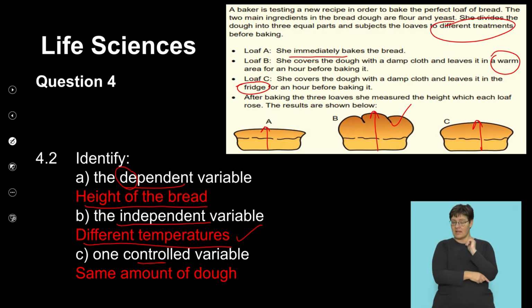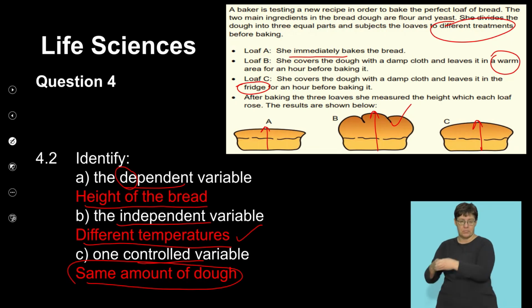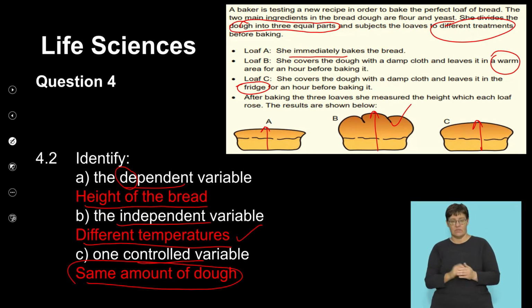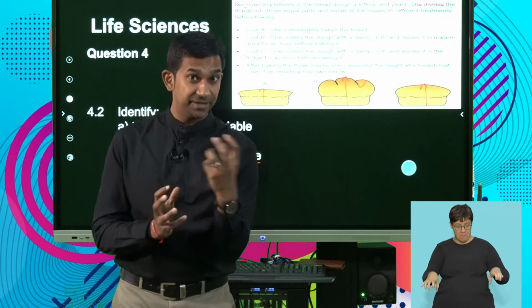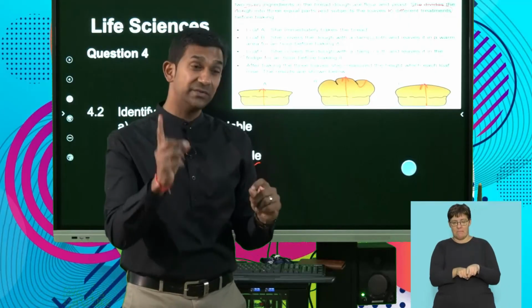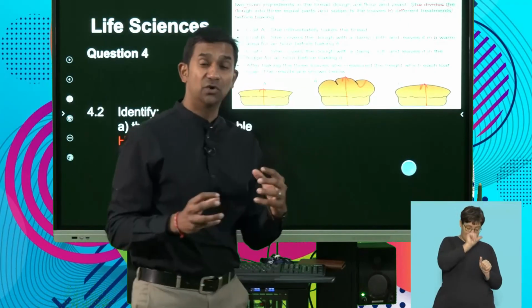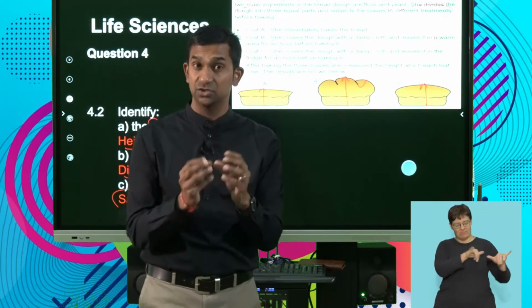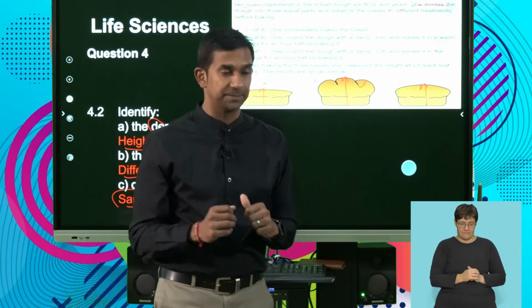And finally, the control variable was the same amount of dough being used. It also mentions that the dough was divided into 3 equal parts, and this ensures that the amount of dough was equal. So when we measure the height, we know that the height is in relation to the initial amount being the same.